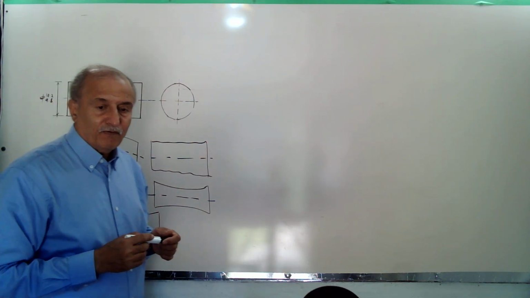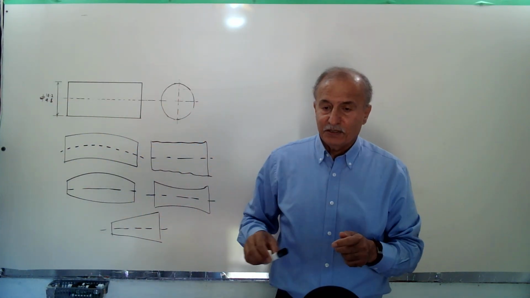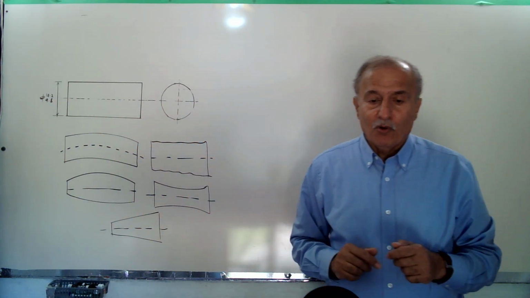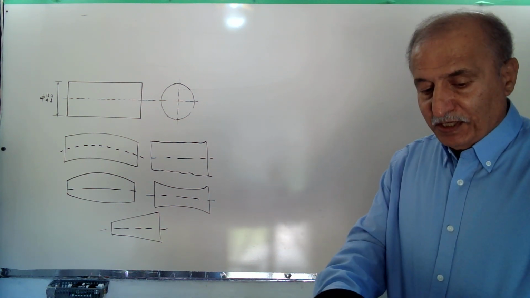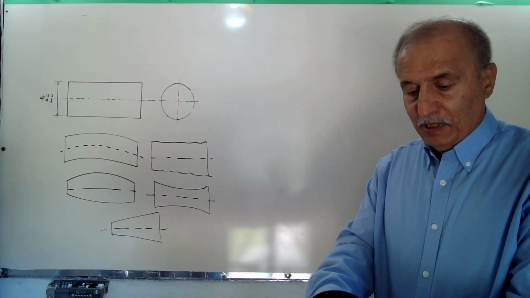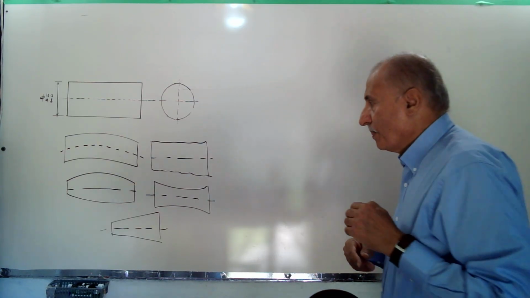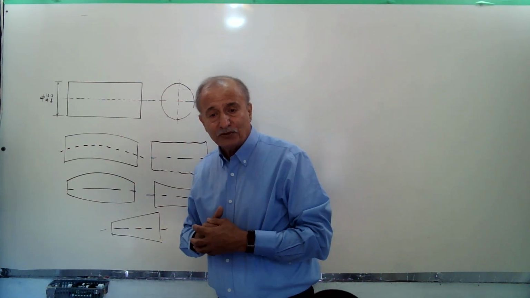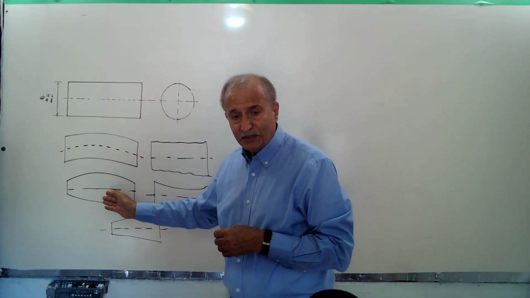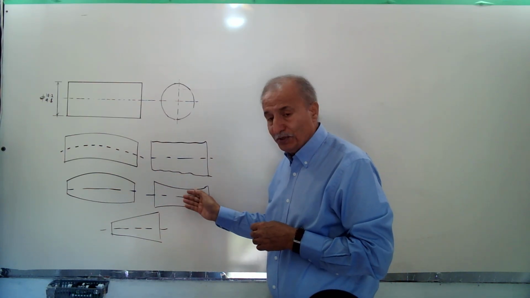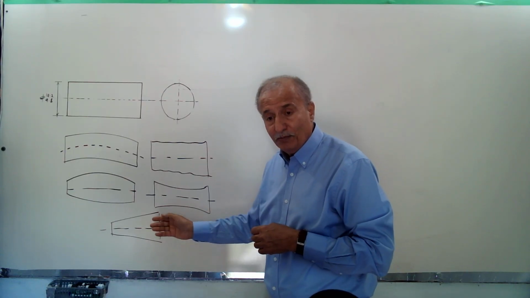These are five geometric defected forms that the designer cannot accept. When he asks the manufacturer, the answer is, I cannot use them. This is bent, this is barrel, this is random shape, this is waisted, this is tapered shape.